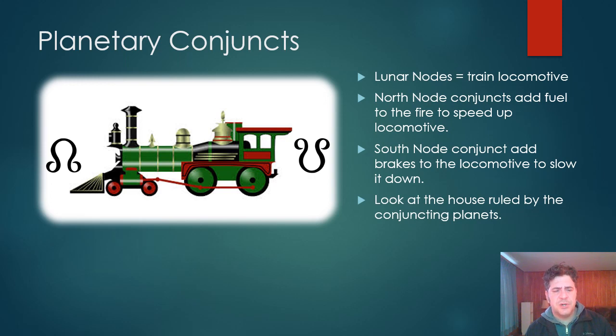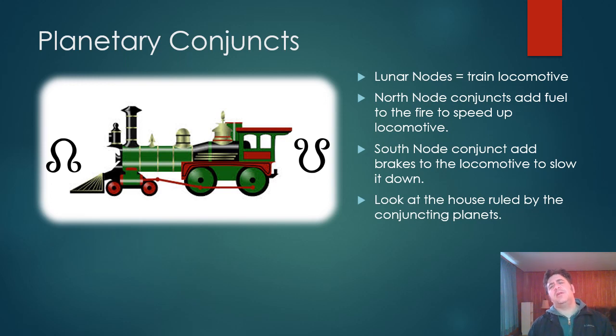The north node shows where you're moving towards, and the south node is where you're moving from, right? So planets that are going to conjunct your north node are going to add fuel to the fire to speed up the locomotive, whereas planets conjuncting the south node will add brakes to the locomotive and slow it down.